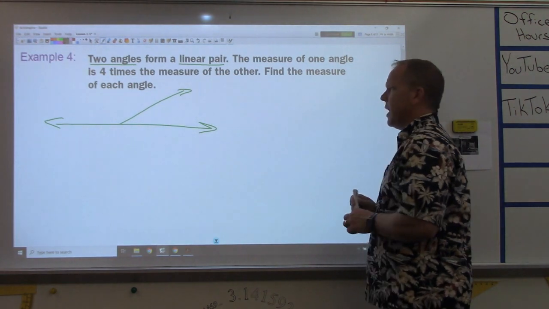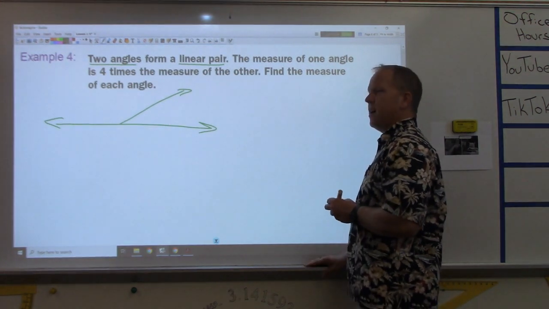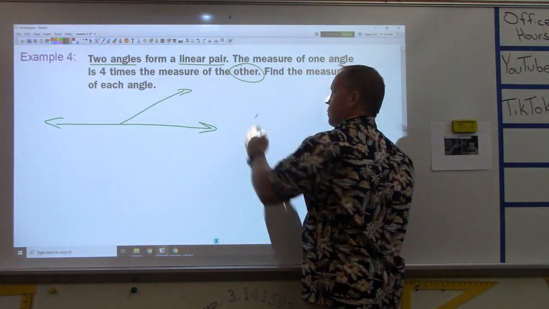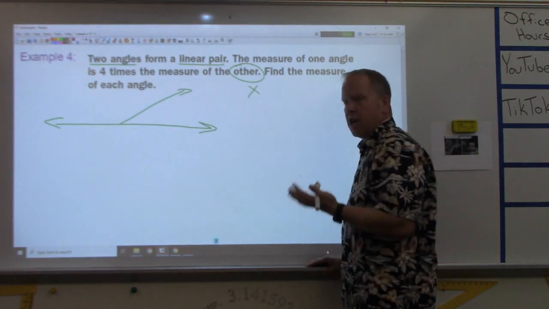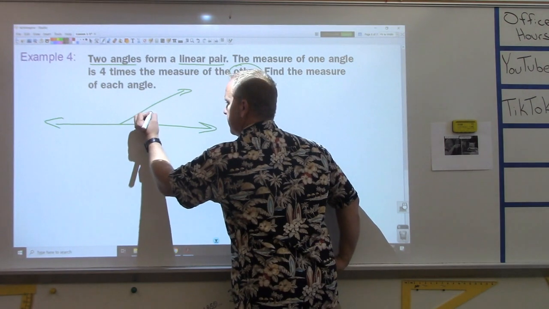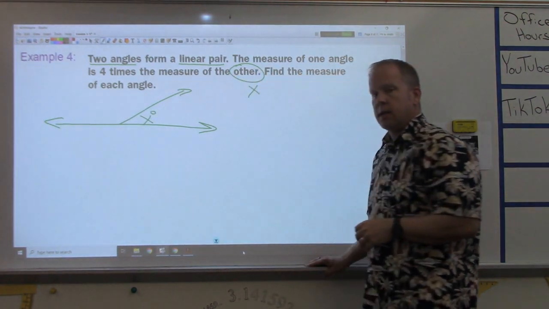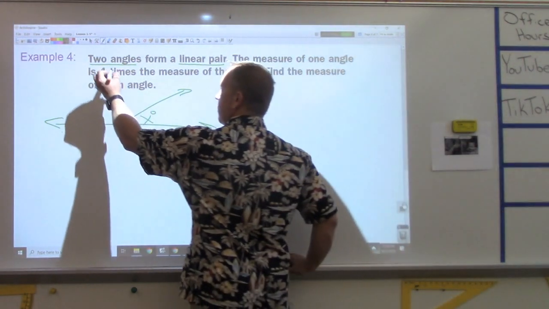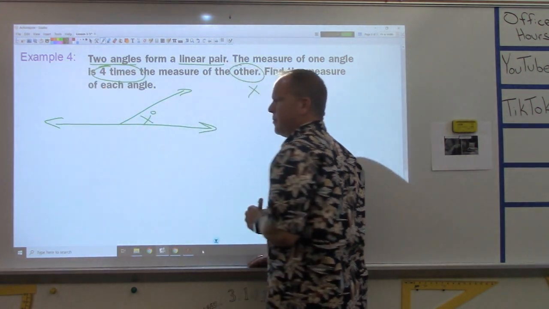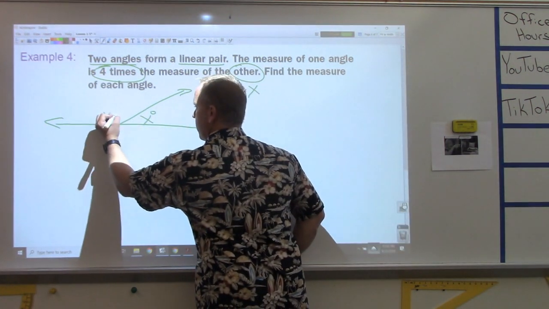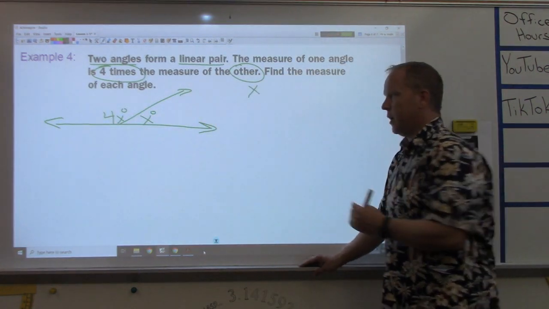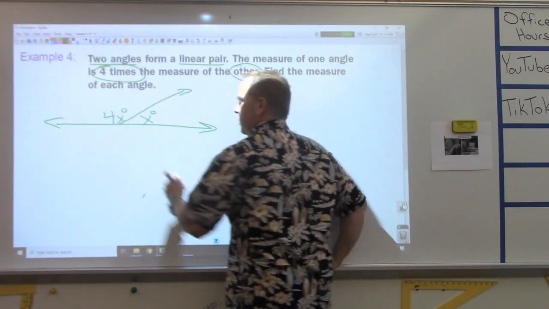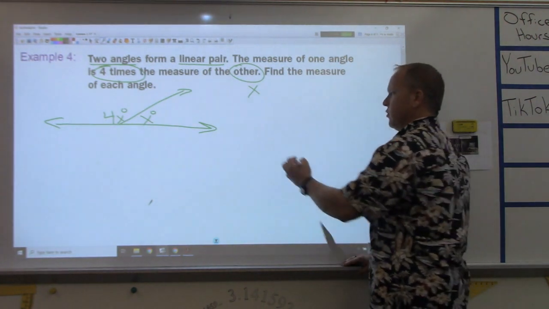The measure of one angle is 4 times the measure of the other. What is the other? We don't know what the other is, so we're going to label that x. It's unknown. So this guy is x degrees. I don't know what he is. I do know, however, that the other one is 4 times it. So on this side, I'm going to write 4x. Now the nice thing about a linear pair, they make a line, which is a straight angle, which is 180 degrees.